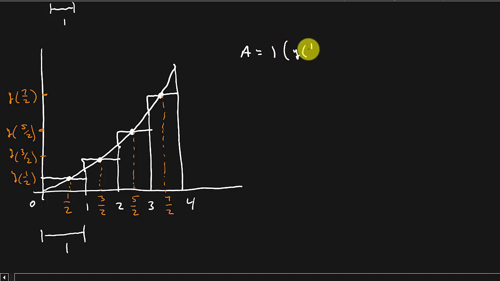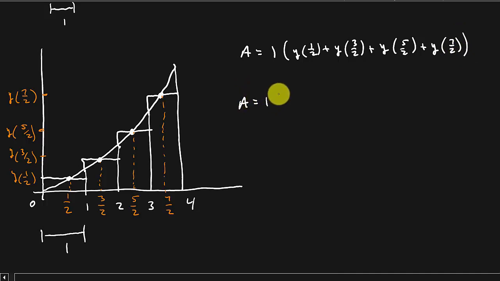So that's y of 1/2 plus y of 3/2 plus y of 5/2 plus y of 7/2. All right. And so our area is going to be 1 times, now let's write our function down, x squared plus 1.